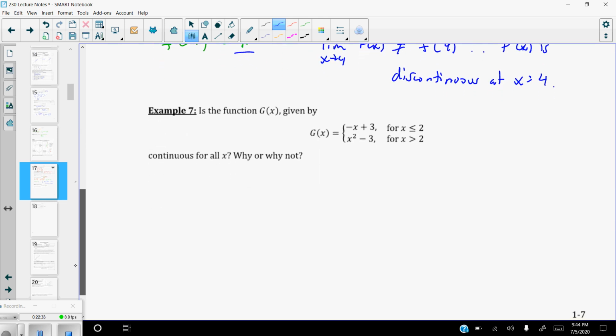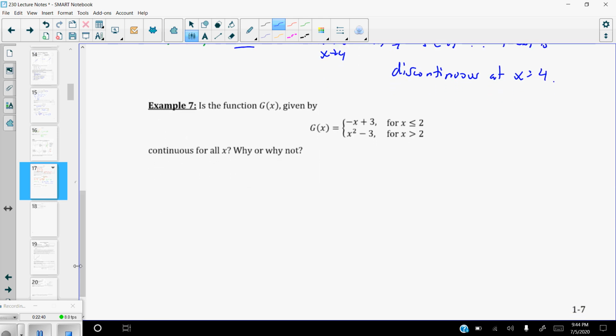Example 7. Is the function g of x, given by, again, a piecewise function, continuous for all x values? Now it's not just asking for one x value, it's looking for all x values. Here's the thing. The first piece is linear.